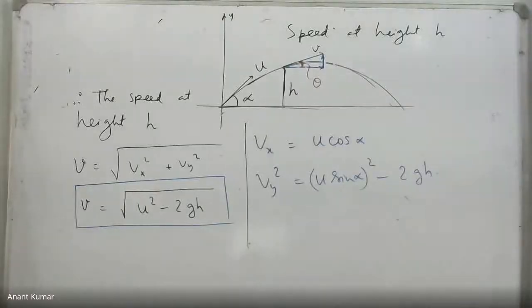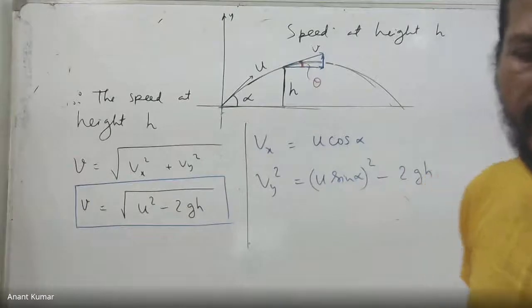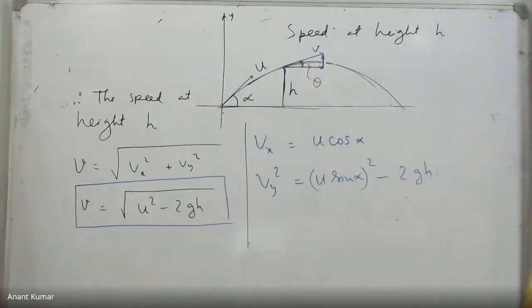Yes, u cos alpha is outside the square root, isn't it? Yes, sir, that is the same thing. You can just take it inside and you can get, for example, root over of tan alpha minus something. h is the height at any arbitrary moment. Yes, random height, exactly.